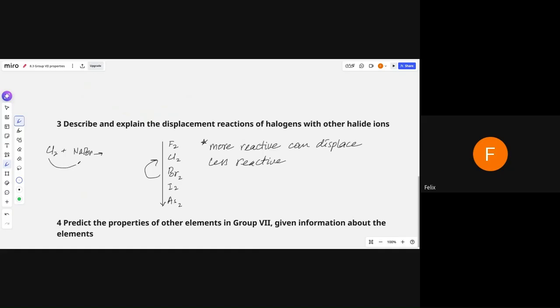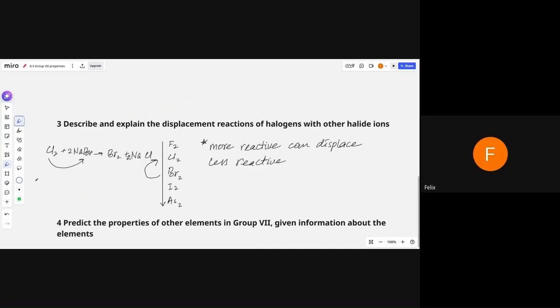So it will be able to displace it. These are basically single displacement reactions. So bromine will be kicked out of the salt, and chlorine will take its place. So it will be sodium chloride, right? And if I have to balance this equation, I'll have to put 2 here, and 2 here. Now the equation is balanced, right?